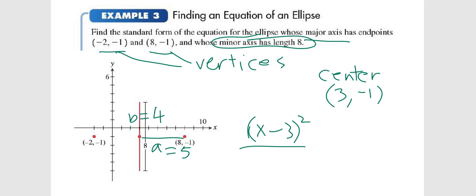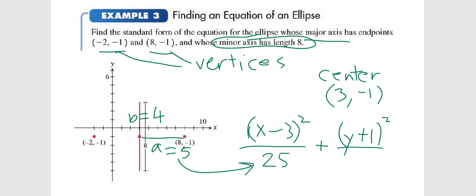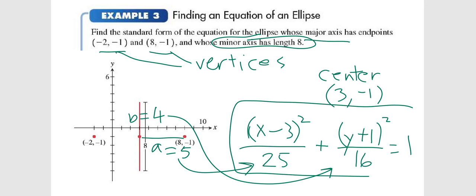What's a squared? 25, exactly. Right? We wanted a squared. Plus, what's in the other parenthesis? y plus 1, quantity squared, over 16. Nice job with the b squared. Equals 1. Good job. You get it. You got it.